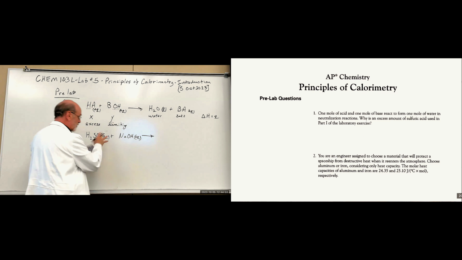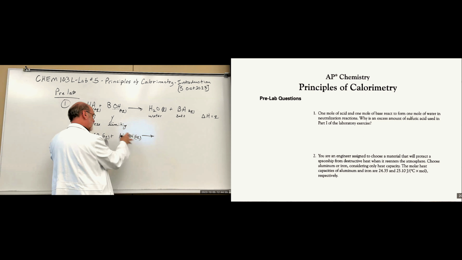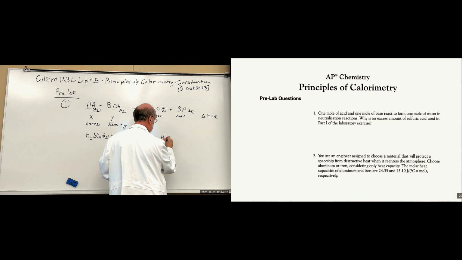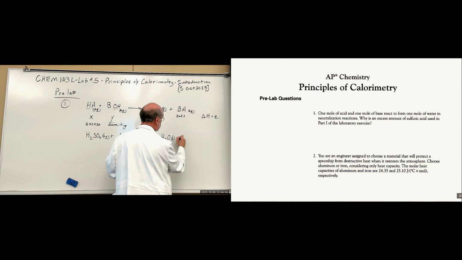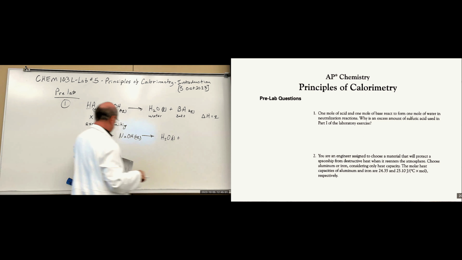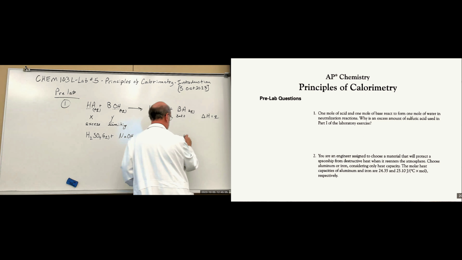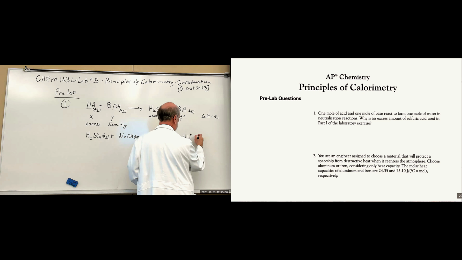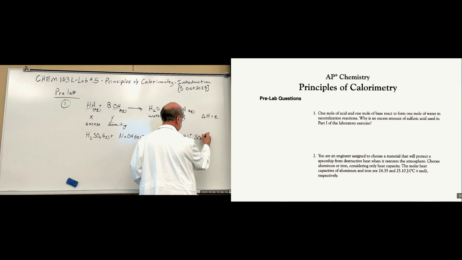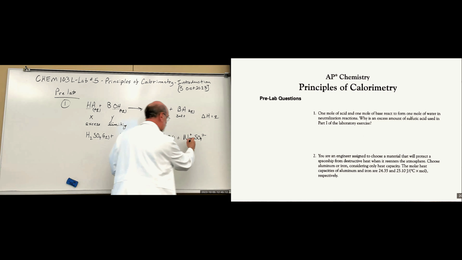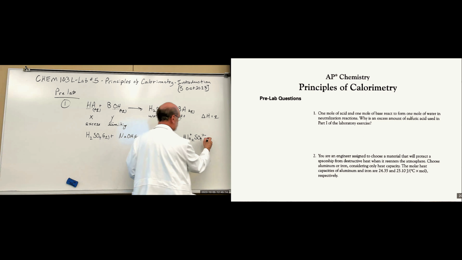Right? So if we balance this, and remember, in an acid-base reaction, you always get water. And what would be your salt? It would be the sodium and the sulfate. So sodium has a +1 charge, and sulfate is a polyatomic ion with a 2- charge. And so you need 2 of these, don't you?